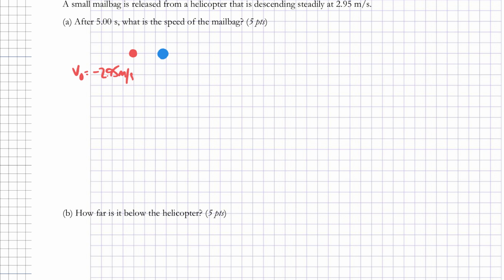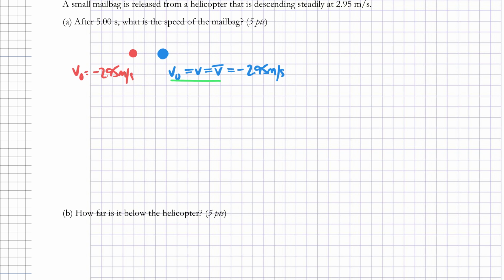The helicopter has an initial velocity of the same thing, but that's also its final velocity and its average velocity, because it's not speeding up or slowing down, negative 2.95 meters per second. I like to make note of the fact that all of these things are true, just because it means I can plug it in anywhere in those equations that I like.